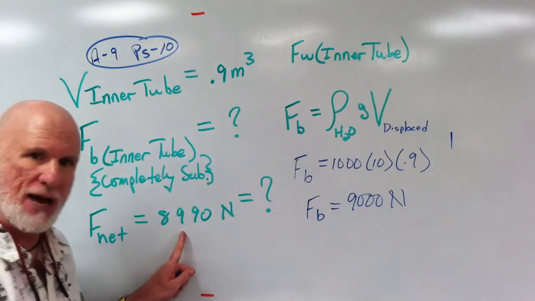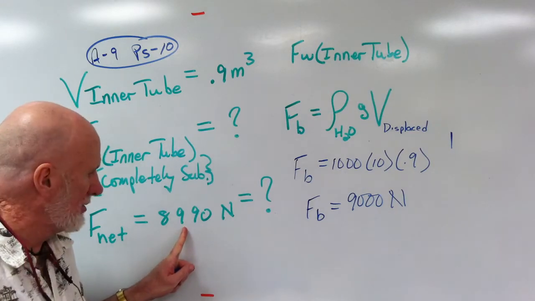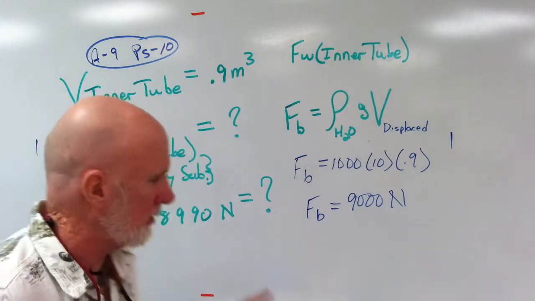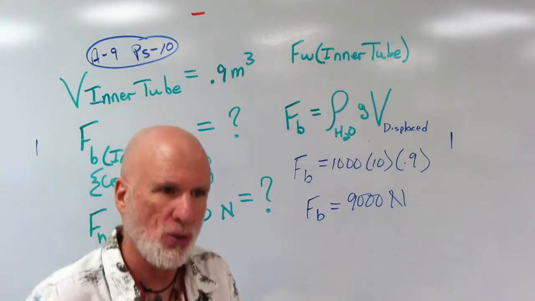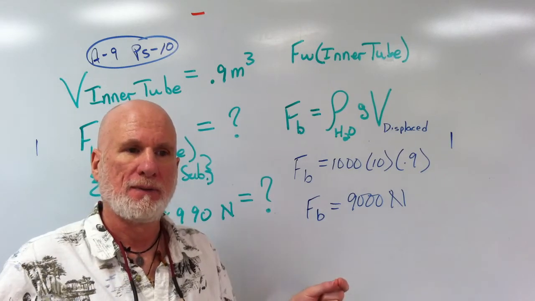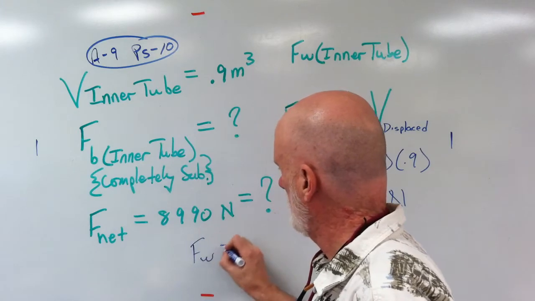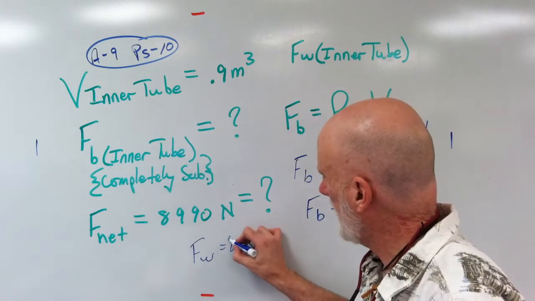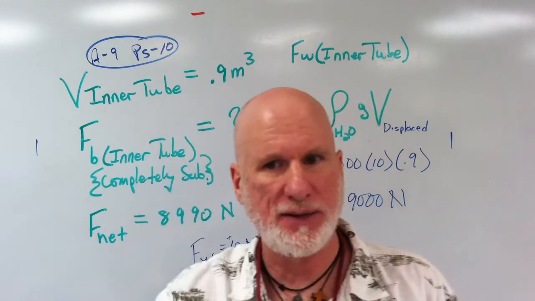Now, if it shoots up out of the pool with that force, that net force, it's going to accelerate up out of the pool, and its true weight will be 10 newtons. So its weight equals positive 10 newtons. Right? Down is positive, up is negative.